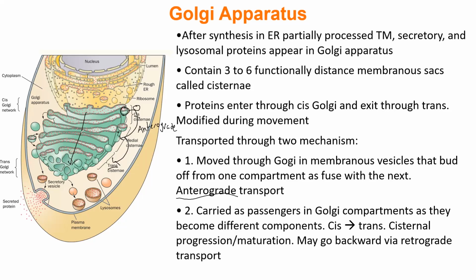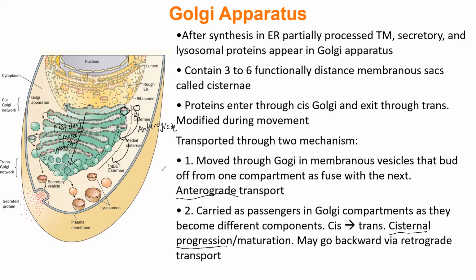Cis will eventually become medial, medial will eventually become trans. And if you're a protein, you can just hang out in the cis and naturally be carried all the way to the end. This is called cisternal progression or maturation. So if you are just hanging on and you don't bud off, that's called cisternal progression or maturation.